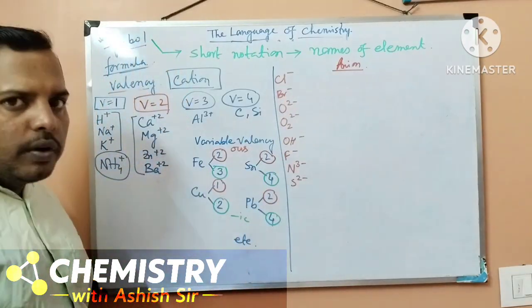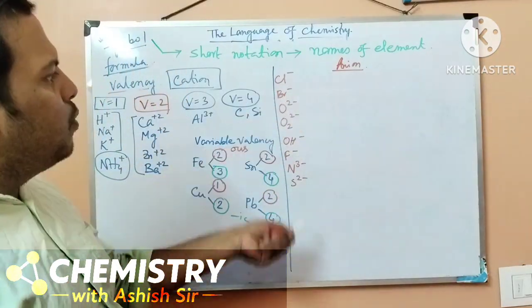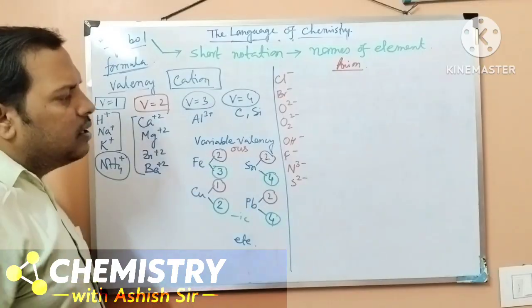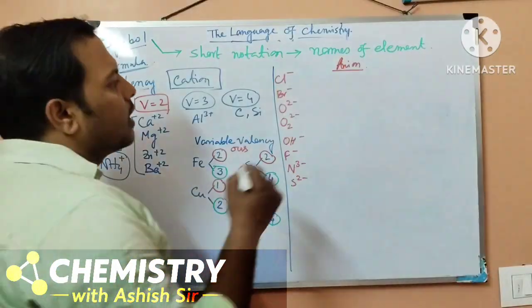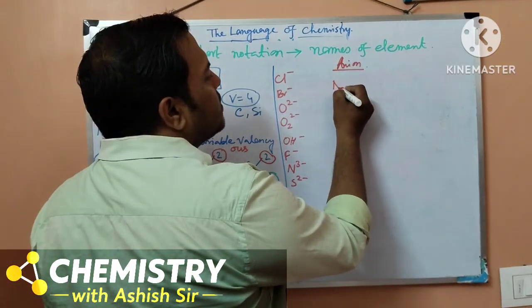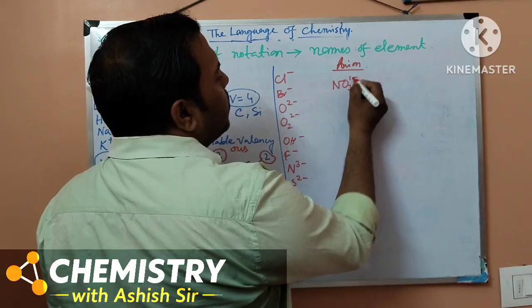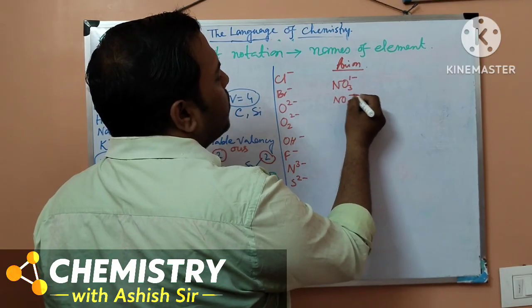These are monovalent and divalent, as I have written, but in this way you can remember them easily. Leaving this aside, I can say NO3 1 minus and NO2 1 minus.